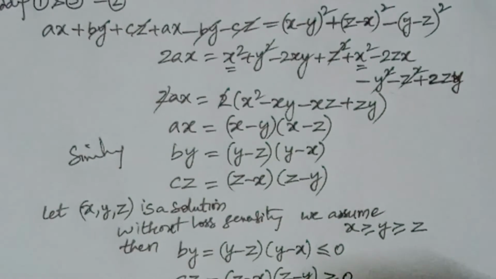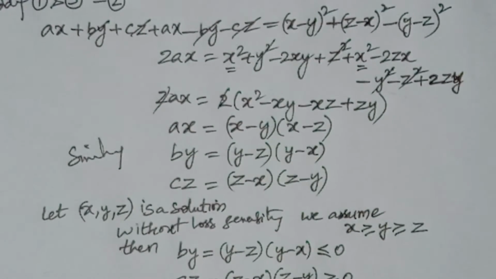And you'll get a contradiction, since b is greater than 0 and c is greater than 0.